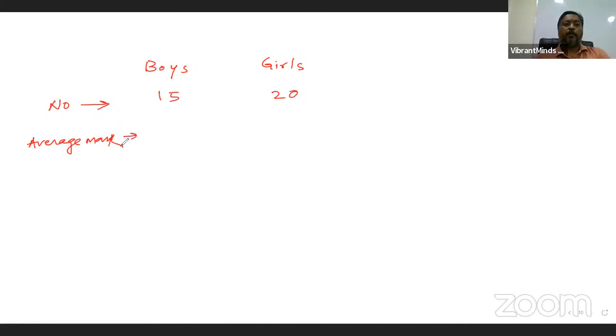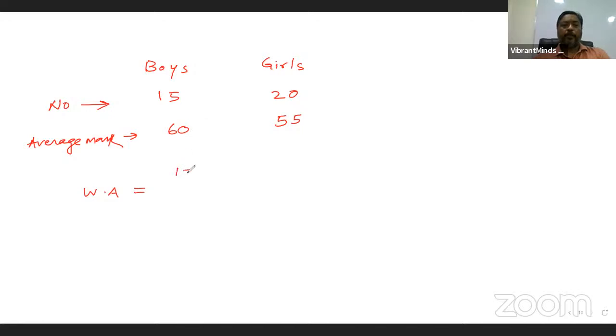Let's say the average mark in the test that boys scored is 60 and girls scored is 55. For ease of calculation, I am taking these numbers. So what will be my class average?